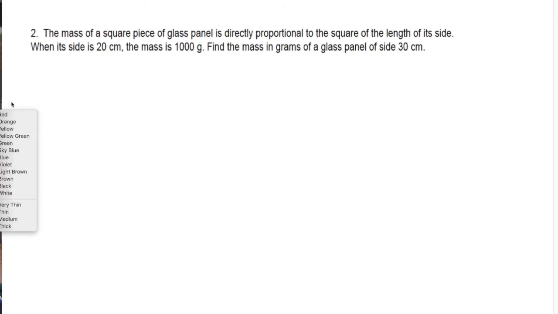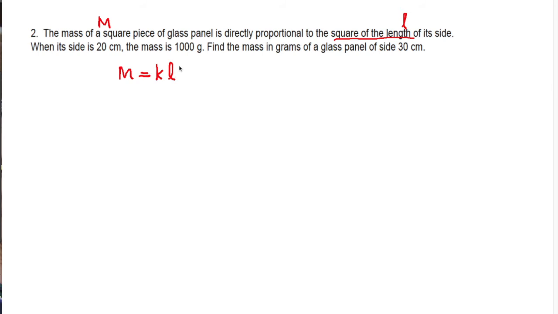Let us consider the mass as m and the length as L. Therefore, the mass is equal to a constant value times the square of the length. k is a constant.